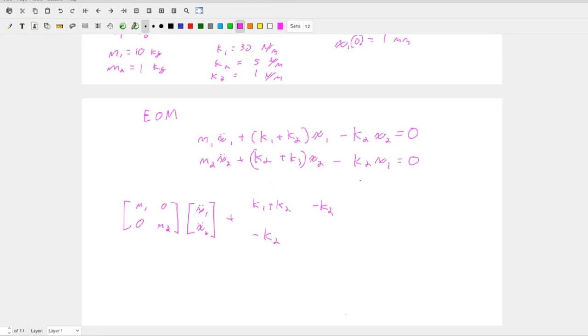Sorry, our minus K2 times x1, so that goes in the left corner, and the right corner is going to be K2 plus K3, times x1, x2, is equal to 0, 0.